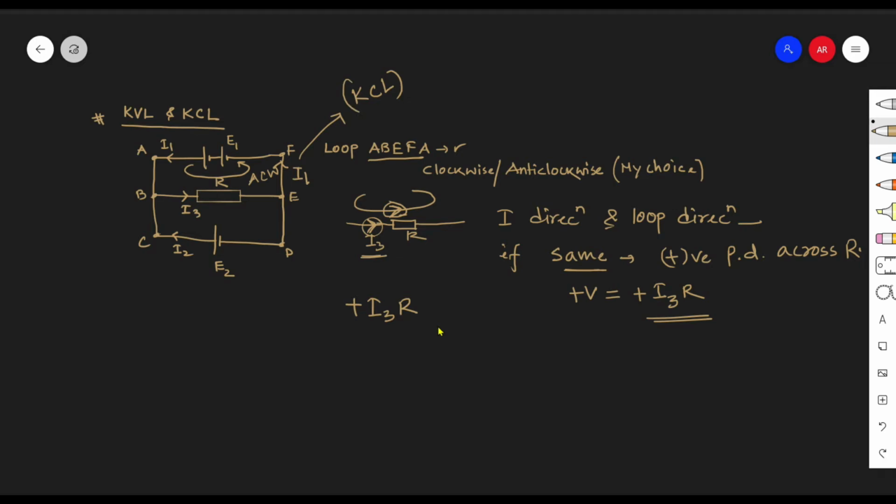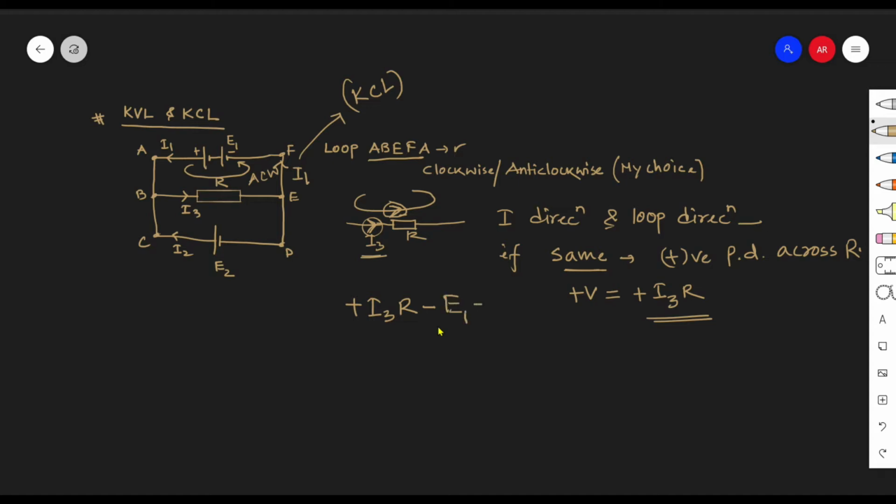So positive I3R minus E1. Why is it minus E1? Because this current I1 is entering into the negative terminal of the battery. As we complete our loop, we started from the positive terminal and ended up at the negative terminal. So it reaches the negative terminal of the battery, so it is minus E1.